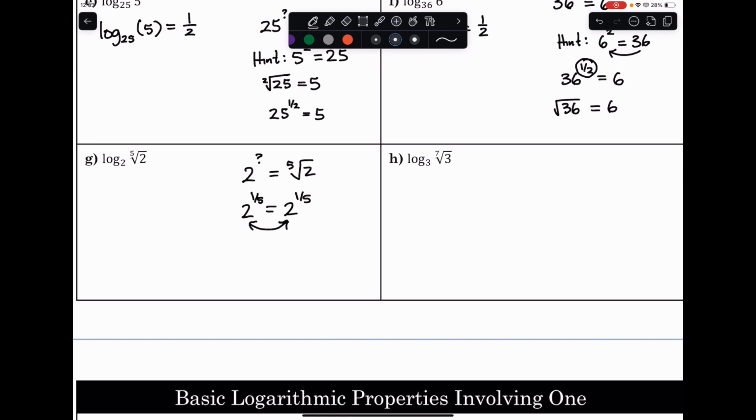This concept is called the one-to-one property of exponents: if I have a base and I raise it to a power, let's say x, and I have the exact same base raised to another power, let's say y, then the two exponents, x and y, have to be equal to each other. It's the only way we end up with the same value. So the solution here will equal 1/5.